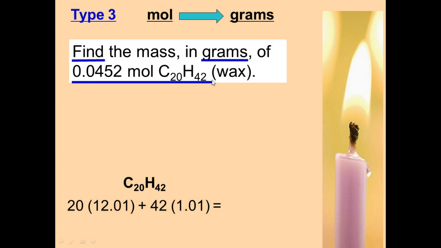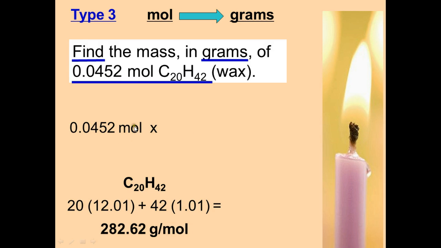So we have 20 carbons and 42 hydrogens, and so we multiply the 20 times the atomic mass of carbon, because there's 20 carbons, and 42 times the atomic mass of hydrogen, which is 1.01, and we add these two products up and we get 282.62 grams per mole. Then we go to the conversion factor, and first we write the moles we have. So we have 0.0452 moles, and what goes on the bottom of the next fraction?